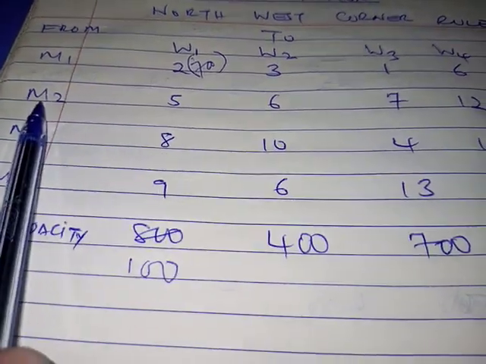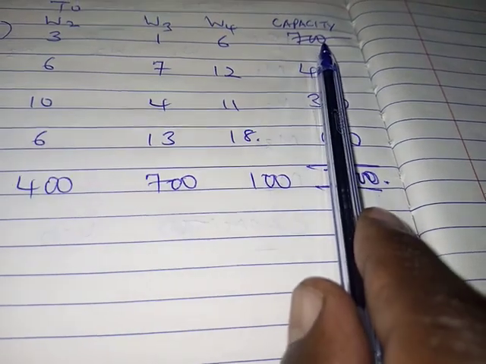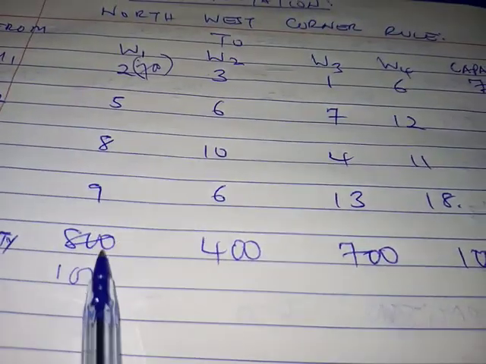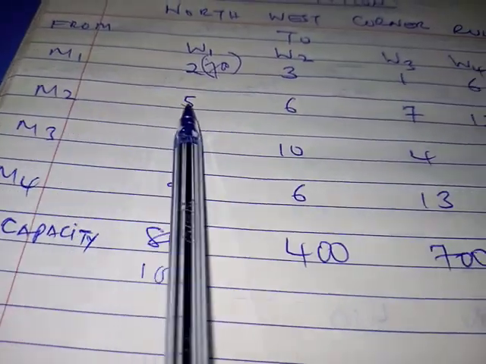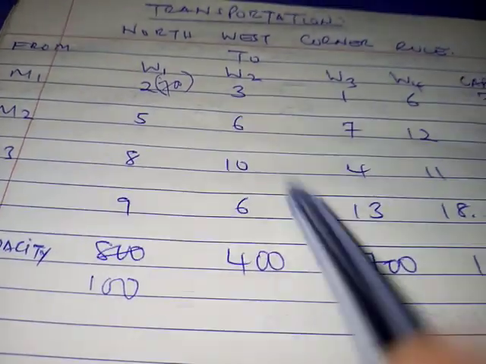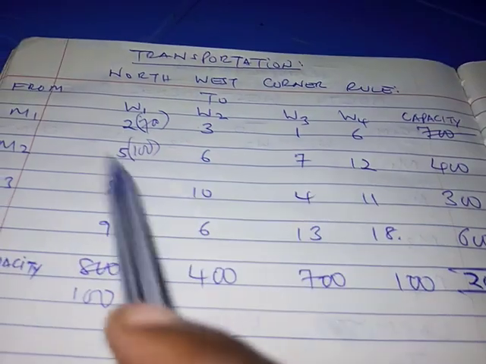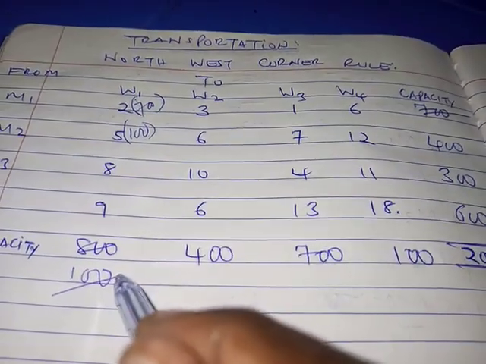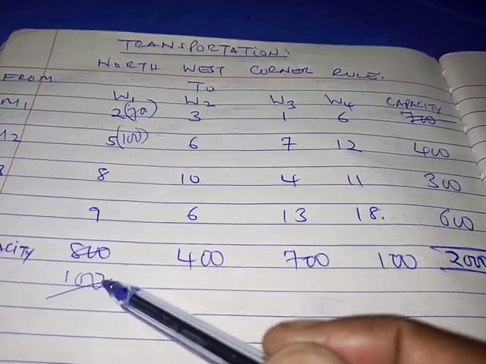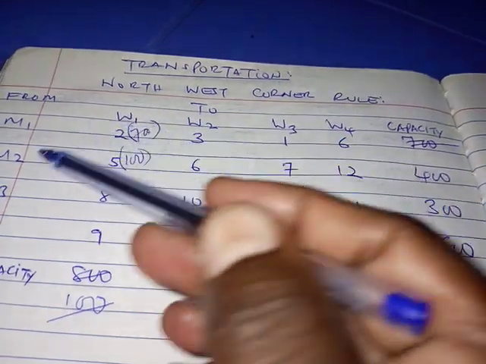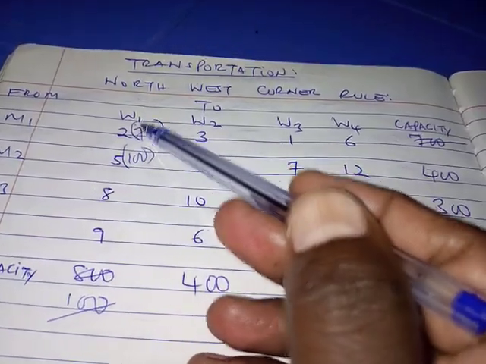But M1 has already cleared its capacity, that was 700, and therefore we shall assign the 100 from M2. So we assign the 100 here from M2 and also cancel that balance that was remaining from M1 to W1.